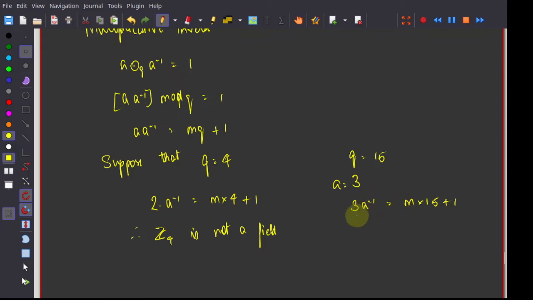So the left hand side, what can you say? This is divisible by 3, right? The right hand side is never divisible by 3. Now can you guess, any guesses as to why I chose 15 and 3?